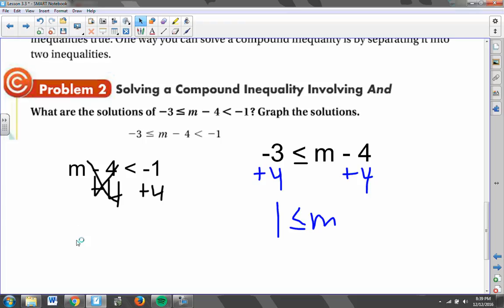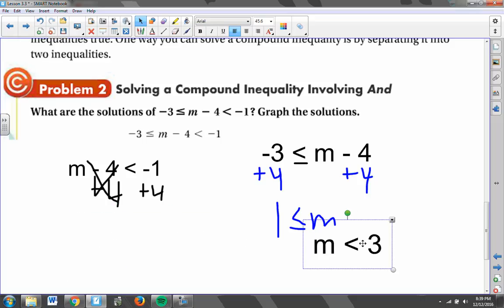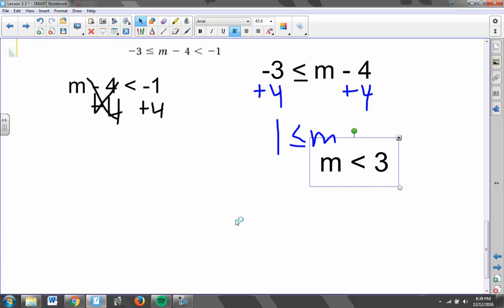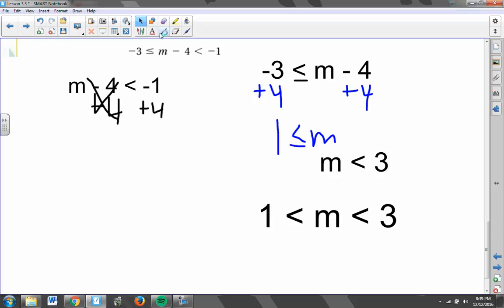And I end up with m is less than positive 3. But if I move this back over here, it looks like I can just combine these two again. Because 1 is less than or equal to m, but m has to be less than 3. So I get this, with an equal to line on that one.